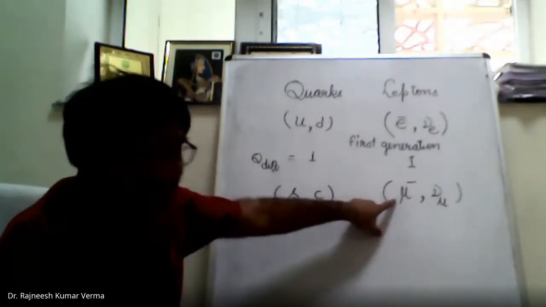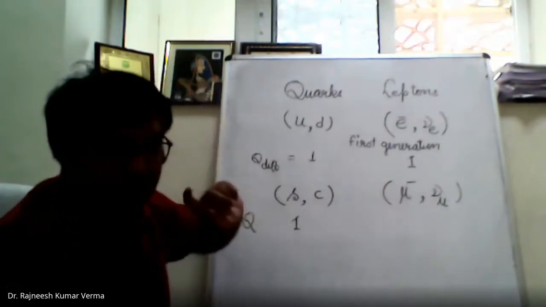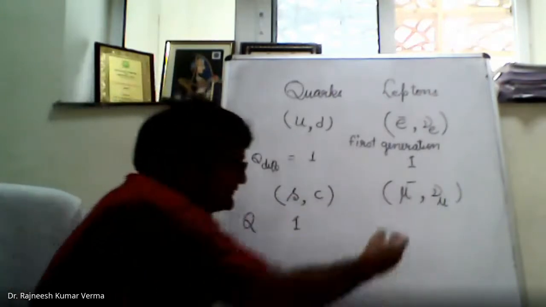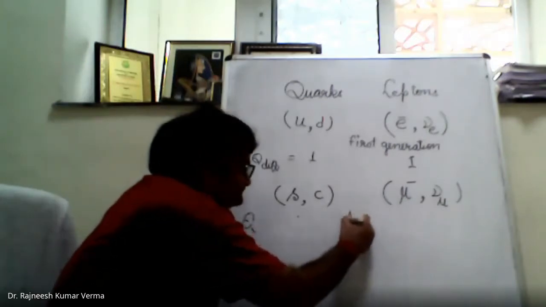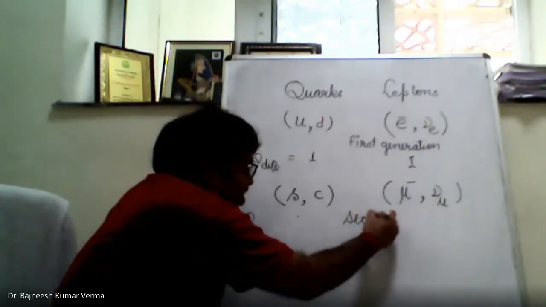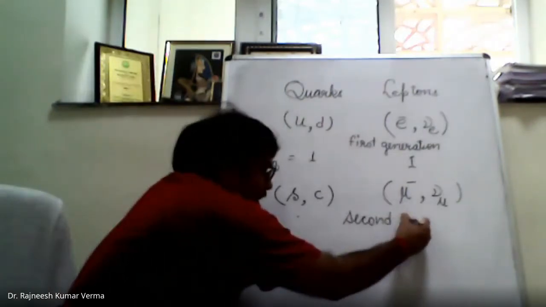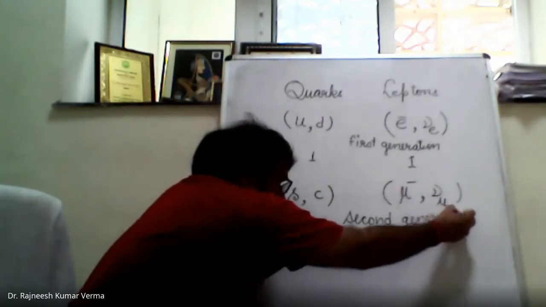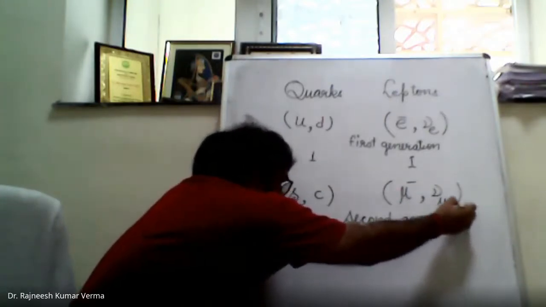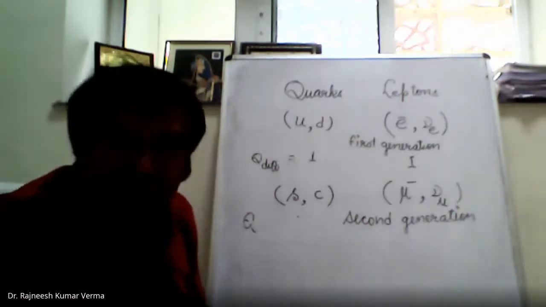Likewise, muon has minus 1 charge and neutrino is electrically neutral. Therefore, again, charge difference is 1 unit. So this is the second generation.